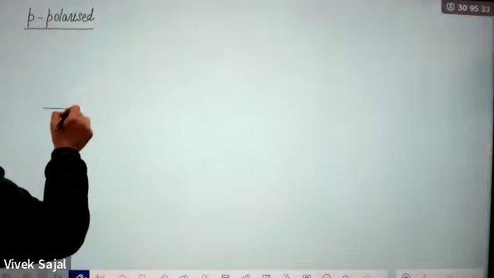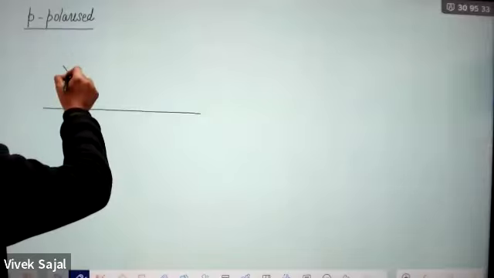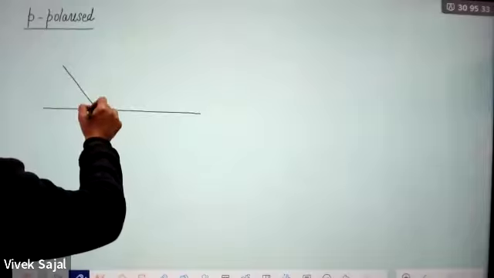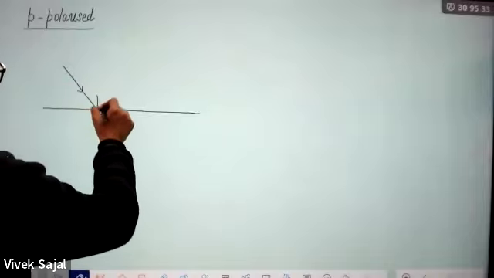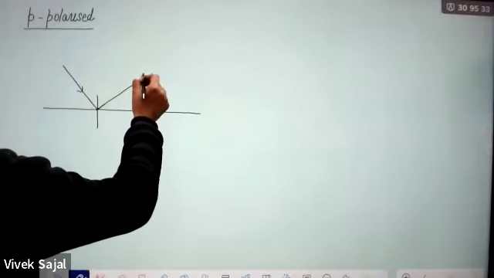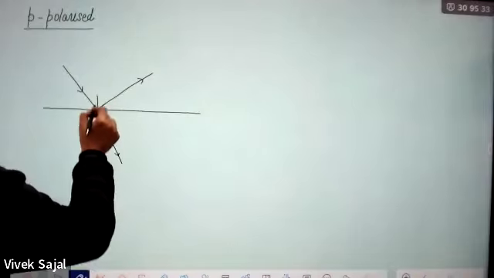So this was the interface. A light was incident like this. A part of it will be reflected back. This is reflected light. A part is going to be transmitted here.